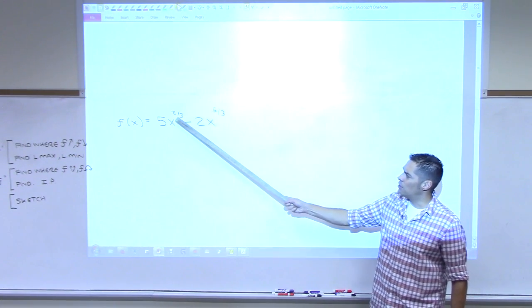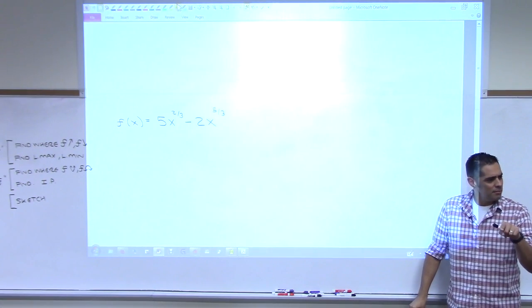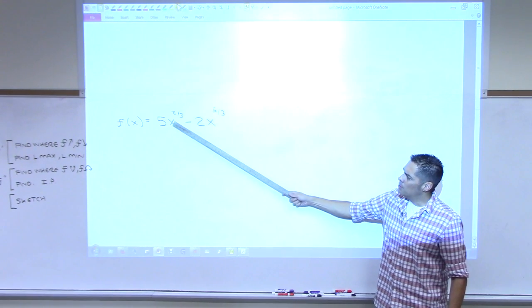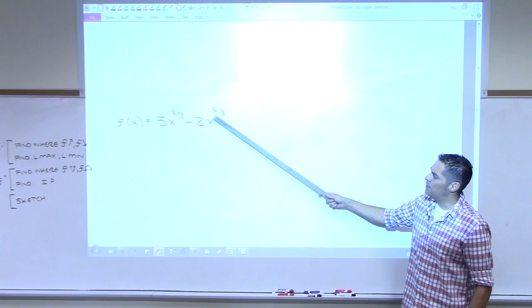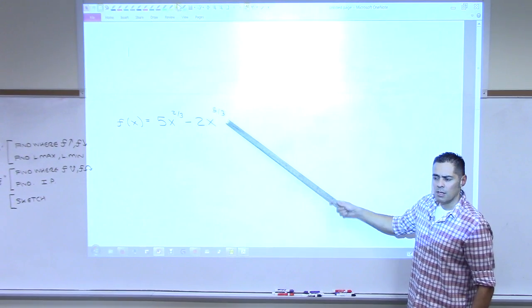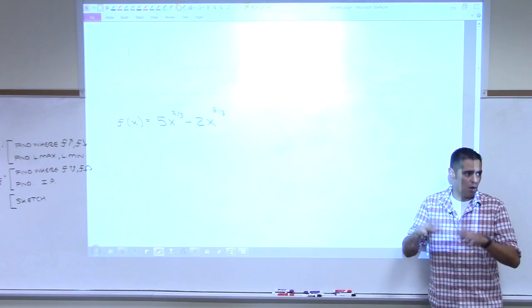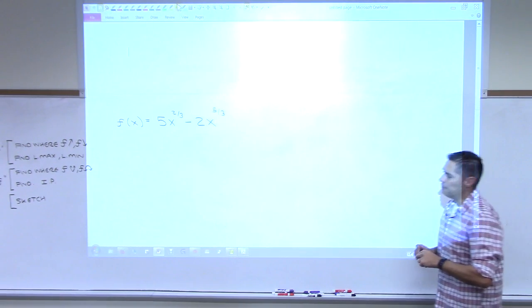These fractional or rational exponents represent roots. This is really x squared, but then take the cube root. And this is really x to the 5th power, then take the cube root. So this is a strange function, and at the end we're going to draw it and see what it looks like. So let's begin.